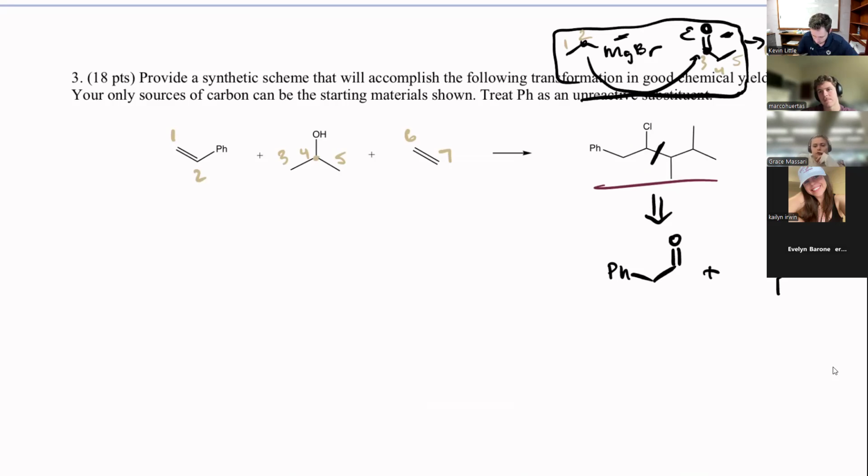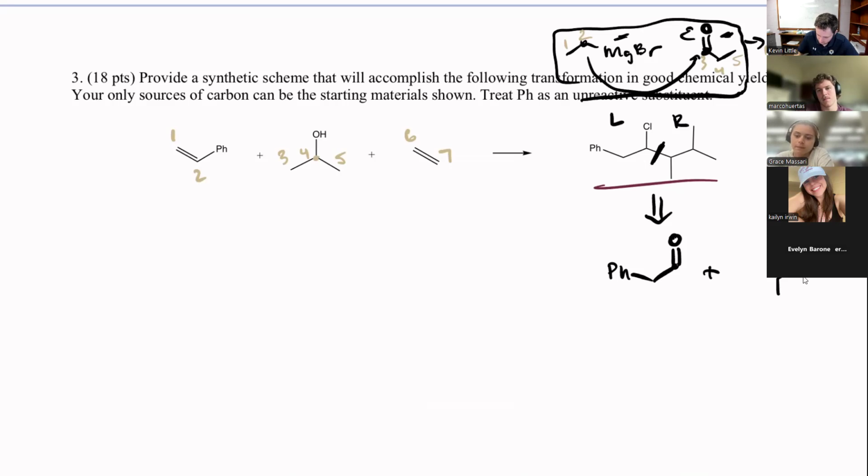Does the left side of this bond or the right side end up with my heteroatom? The left side. So the carbonyl is the side with the heteroatom. Does that make sense? Yeah.